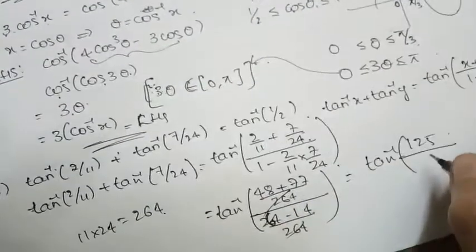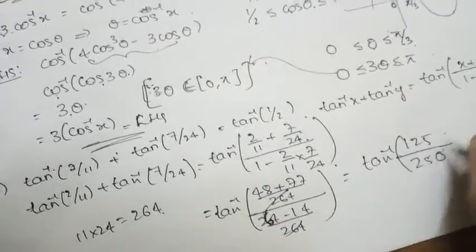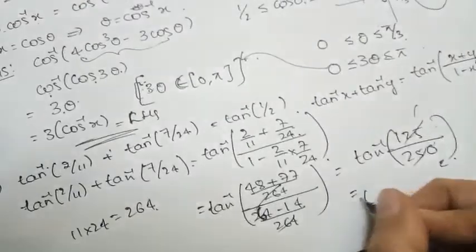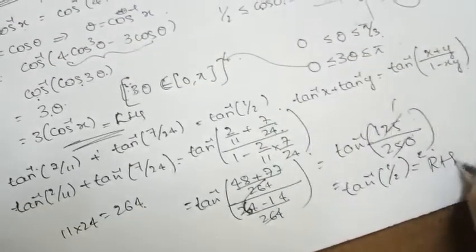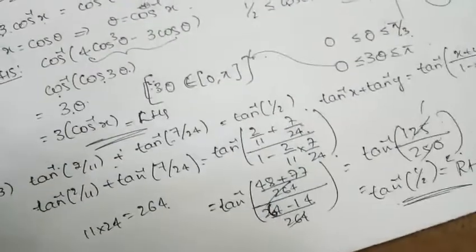So 264 minus 14 is nothing but 250. Upon cancelling, it is nothing but tan inverse of 1/2, which is nothing but our RHS. So we have proved our LHS is equal to RHS.